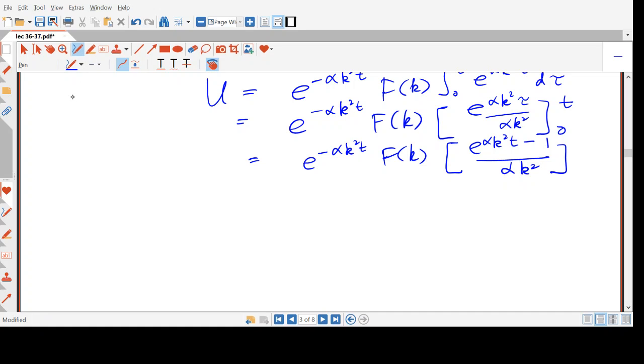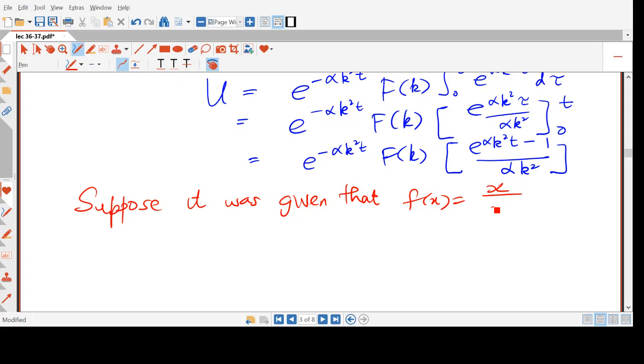So suppose it was given that the function f of x was x over x squared plus 1. Now we have already worked out earlier on that the Fourier sine transform of x over x squared plus 1, which is actually F of k, is e to the minus absolute k.